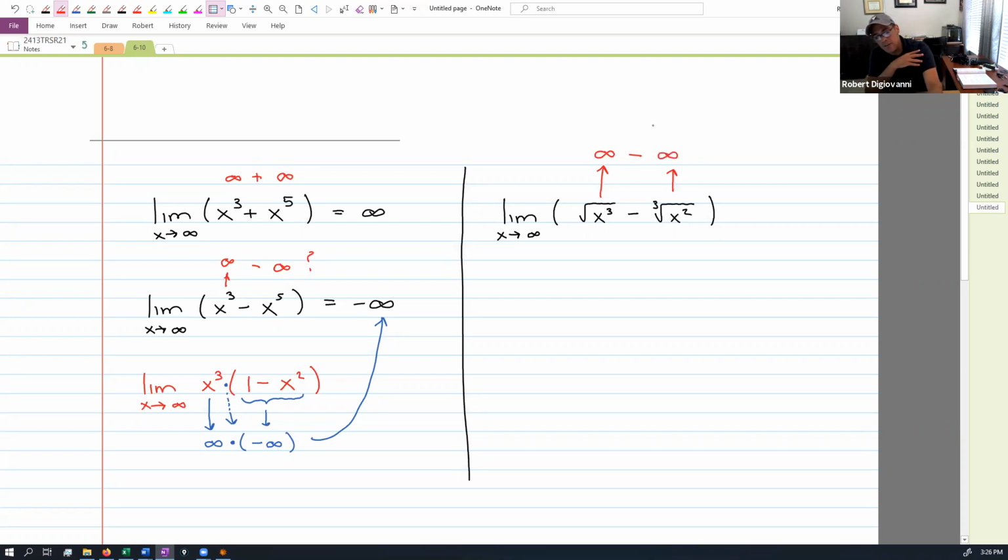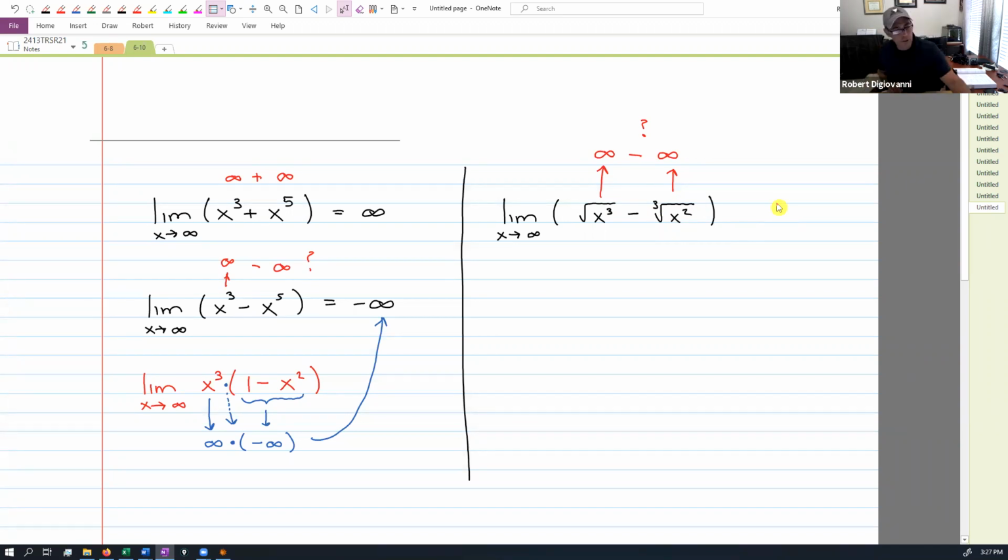And infinity minus infinity is a question mark, right? That's unknown at this point. So maybe you can make the argument of dominating, like which one dominates the other, but it's not as clear when you have roots involved like this. It's not as clear who wins, or if anyone wins for that matter.